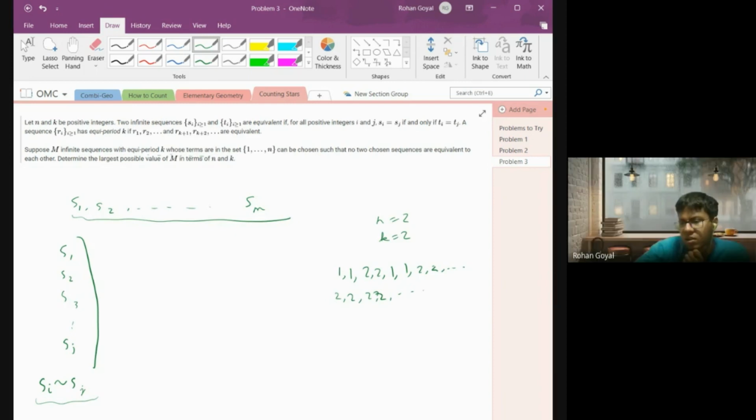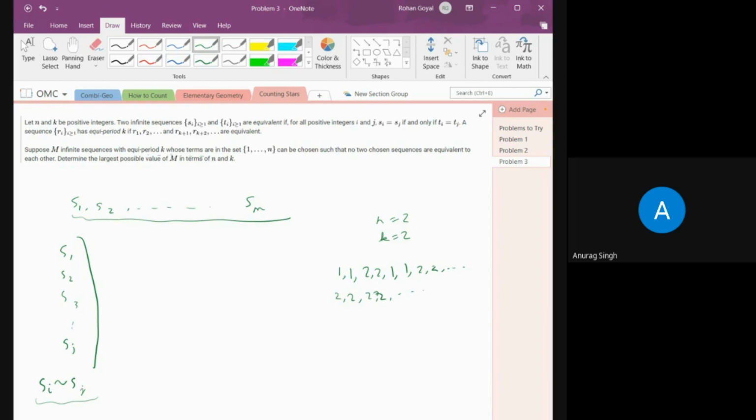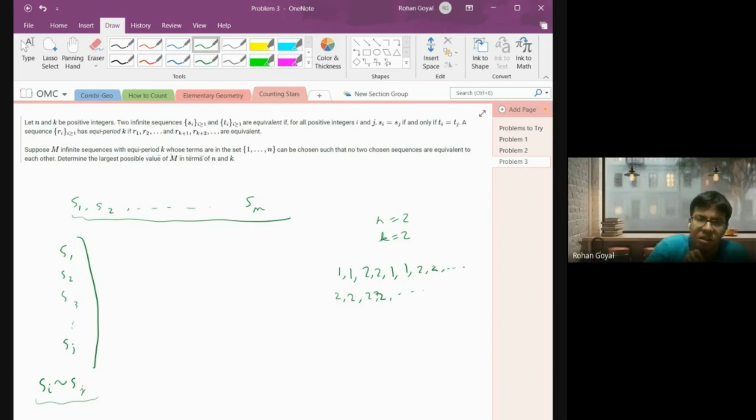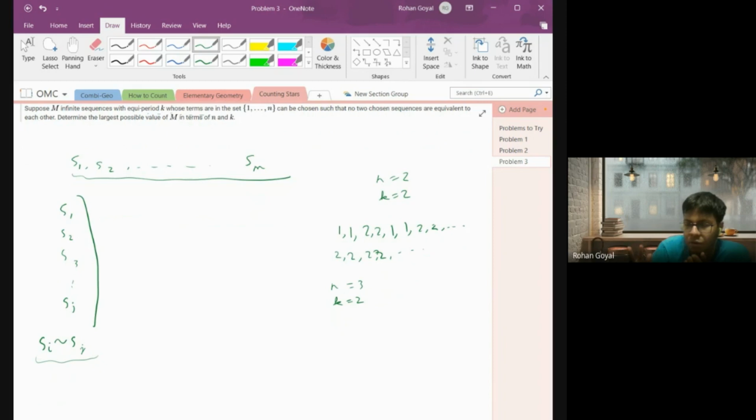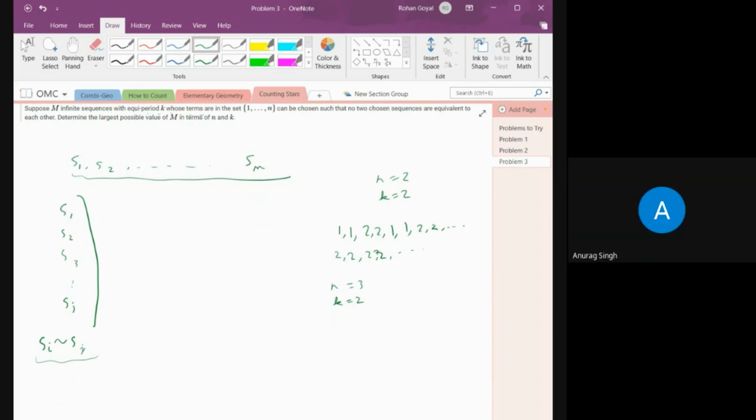I really don't know what you're saying. Can I explain by an example? Sure. So let me put n equal 3 and K equal 2. You're saying any sequence that happens can only have two distinct things, right? Yes.